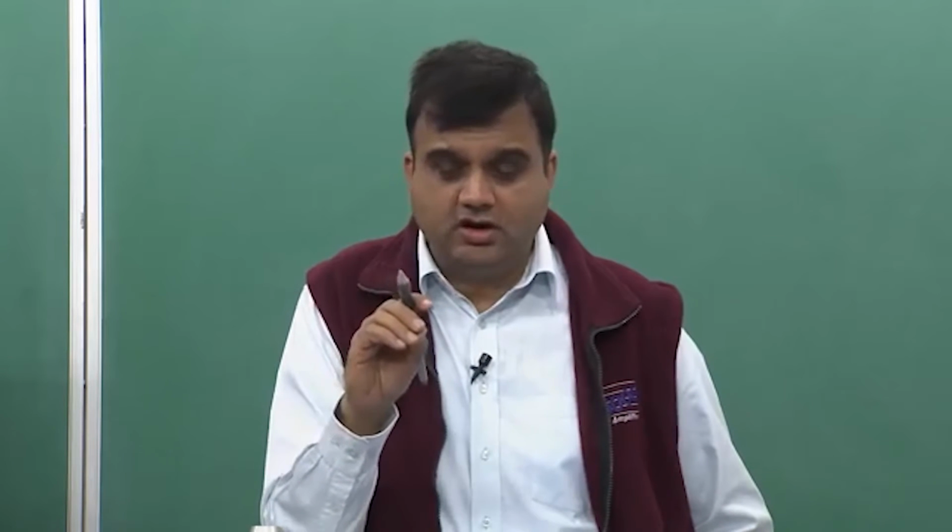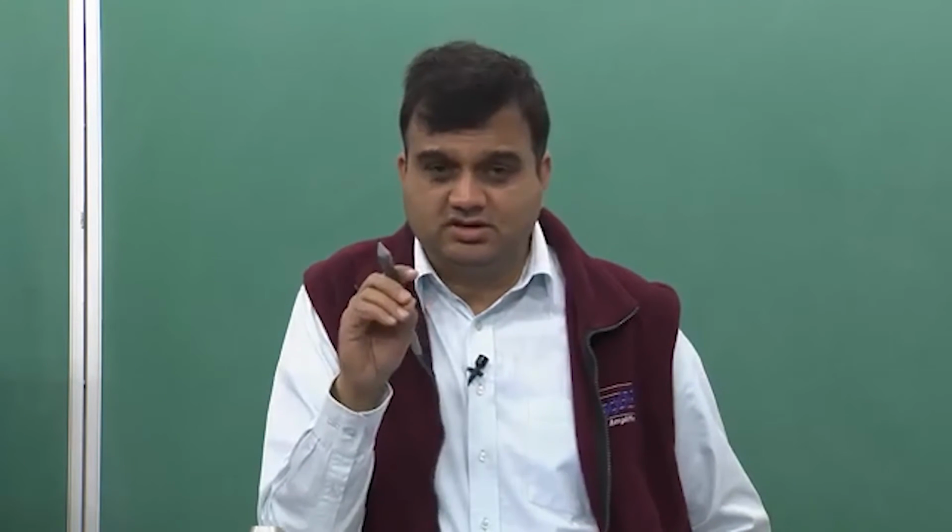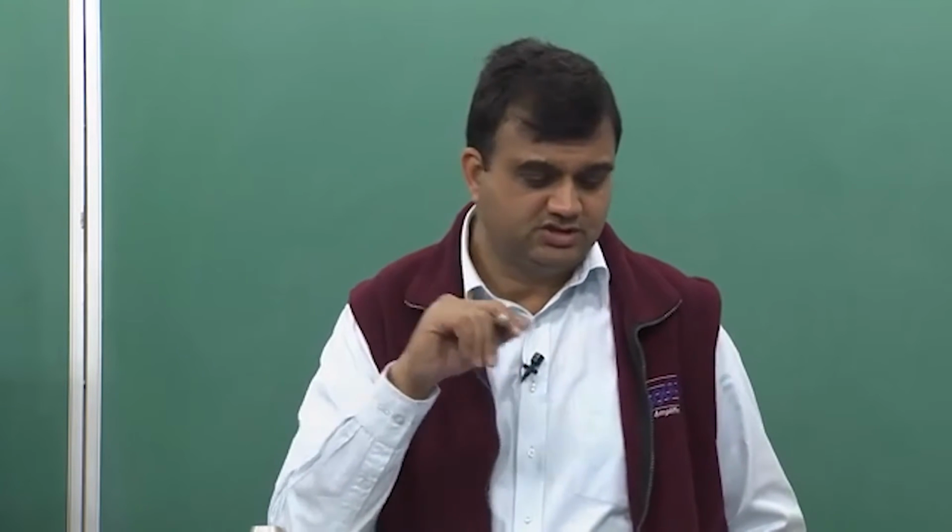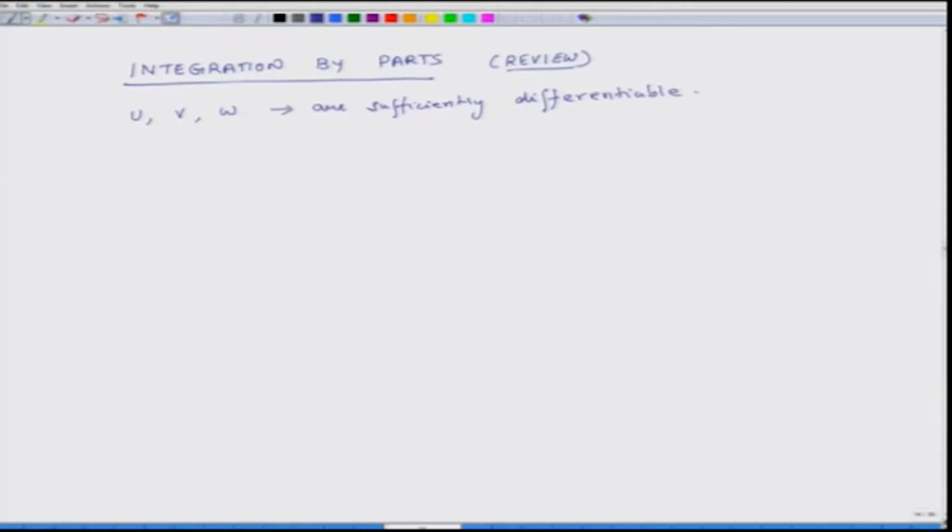But if I need second order and if my function is just x, then it is not sufficiently differentiable. So, these are all sufficiently differentiable functions of x, which is the independent variable.